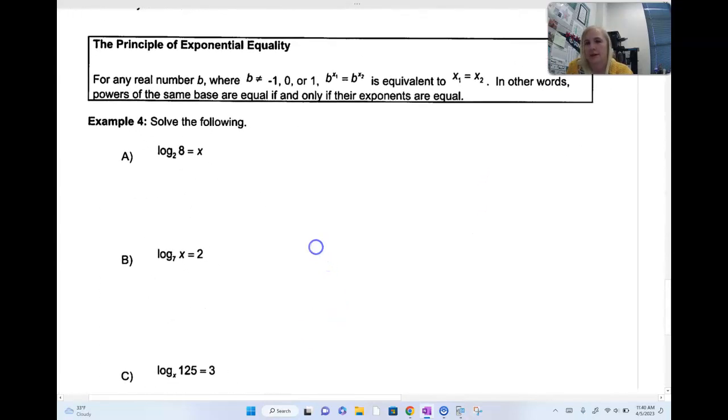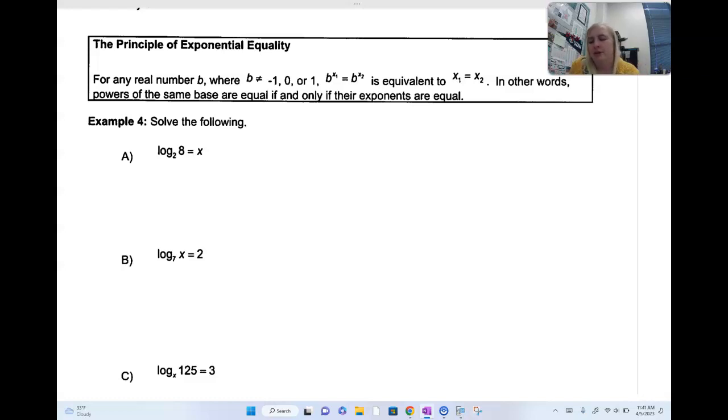All right. Principle of exponential equality. For any real number b where b is not equal to 0 or 1, we have b to the x sub 1 equals b to the x sub 2 is equivalent to x sub 1 equals x sub 2.